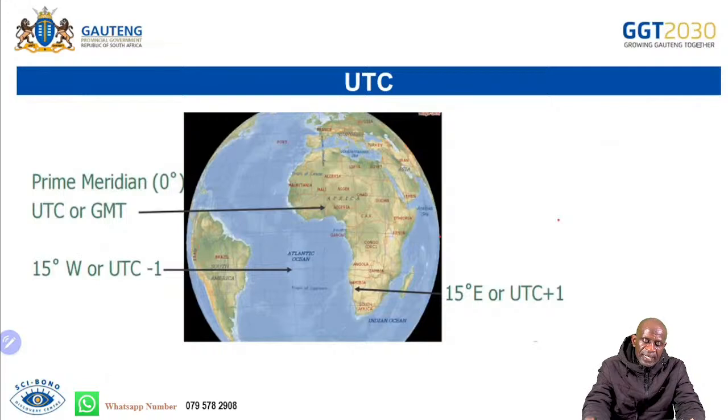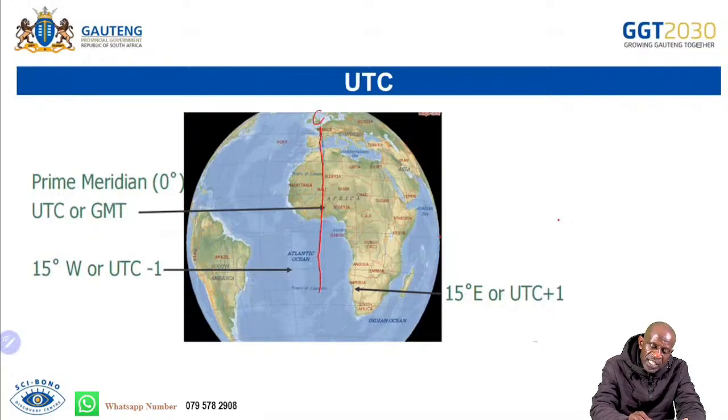Right. On an actual map or globe, this is the position of the prime meridian, which we said is the universal time coordinate, or the GMT, as the direction arrow points where it crosses. It crosses somewhere here, and we said it is our 0 degrees longitude because it is moving from north to south.